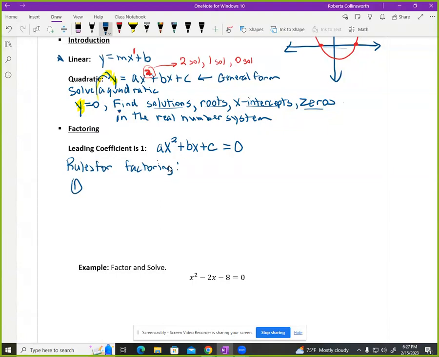The first rule is to find factors of A times C that add to B. So when I'm talking about A, B, and C, I'm talking about these coefficients here.